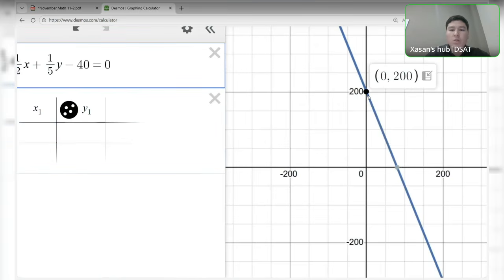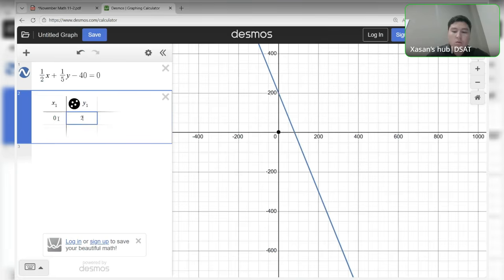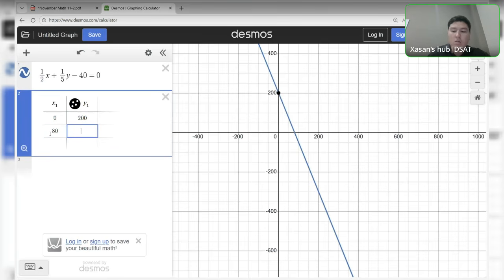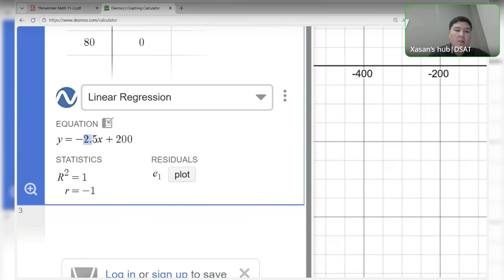Enter these 2 points: 0, 100 and another one, 80, 0. Then just use the regression here. As you can see, the slope is negative 2.5. The slope of the given line is negative 2.5.